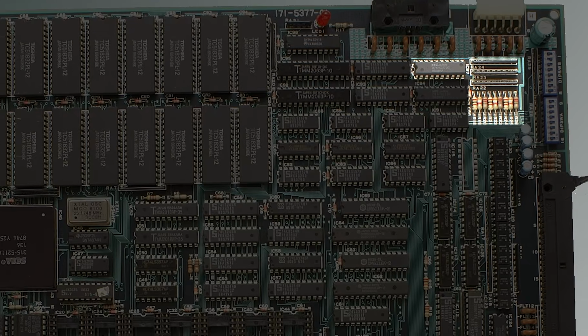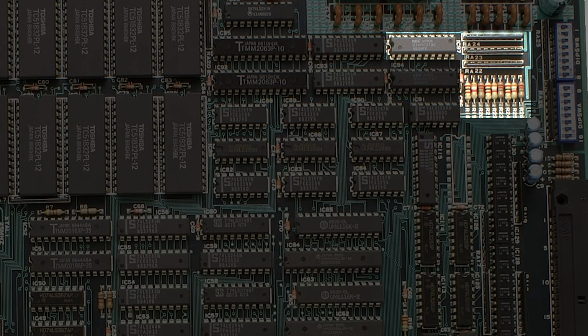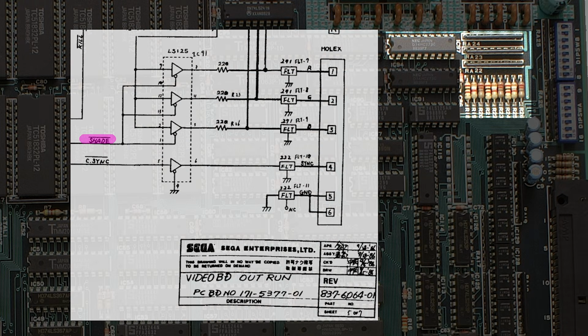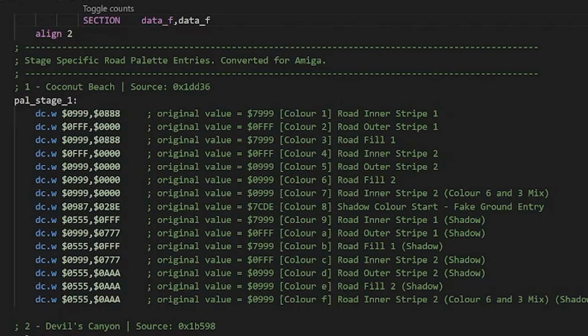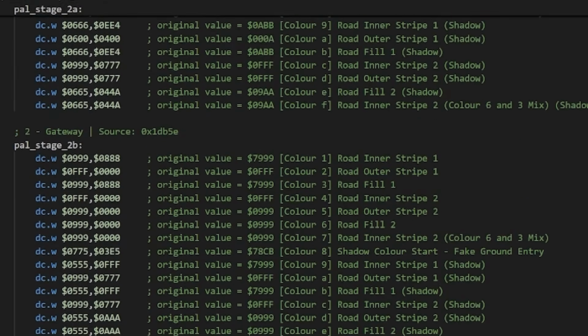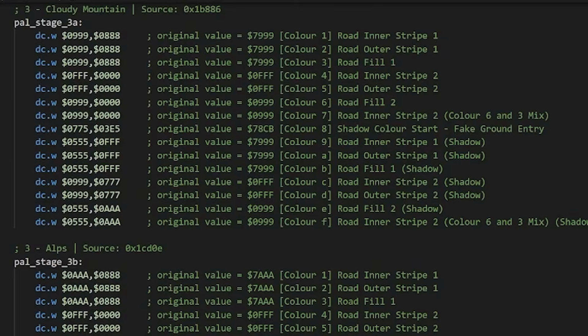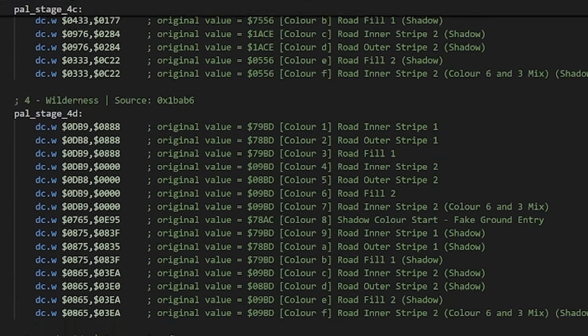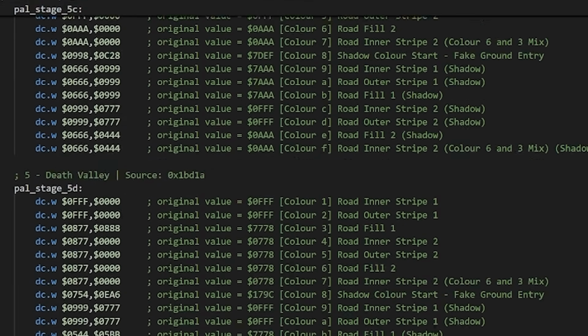The arcade programmer simply sets a special flag on the sprite in question and uses a colour palette entry of 10 to set a translucent pixel. The way in which I achieved the same effect was to pre-calculate the darker shadow colours for every road palette in the game, using a formula to approximate the reduction provided by the resistors.